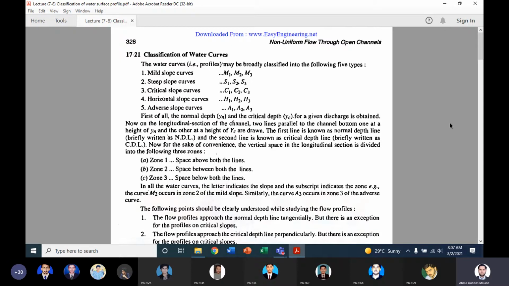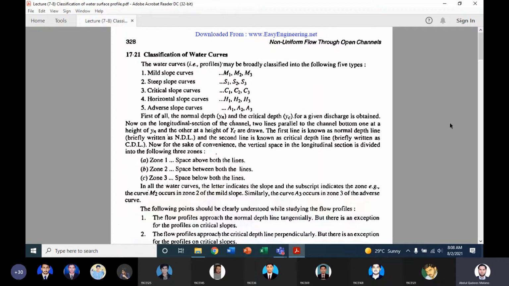But here there are a few changes, in which you will see that each type of slope curve has its own zones and its own specifications, in which the depth of the water, the normal depth and the critical depth are going to vary. So these are the five different curves: mild slope, steep, critical, horizontal, and adverse slope.